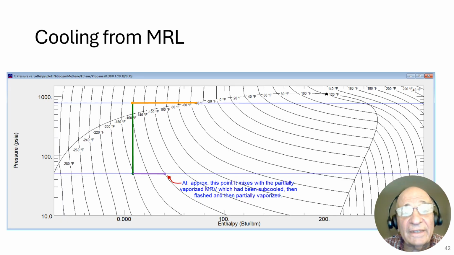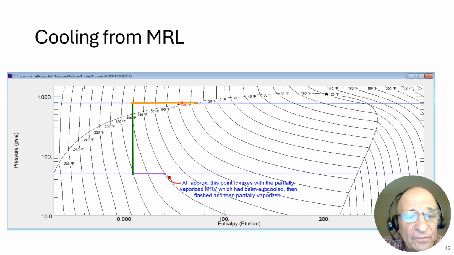Now let's take a look at the MRL and the refrigeration that's going to be accomplished using the MRL. Now remember, MRL starts off as a liquid. Looking at this pressure-enthalpy diagram, we see that the MRL starts out over here at minus 30 degrees Fahrenheit.